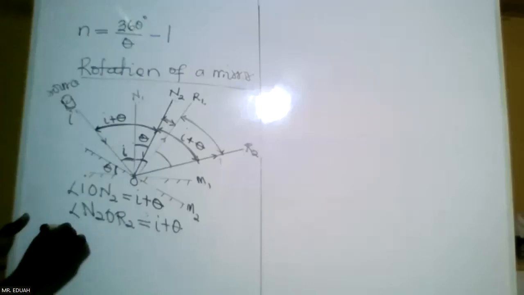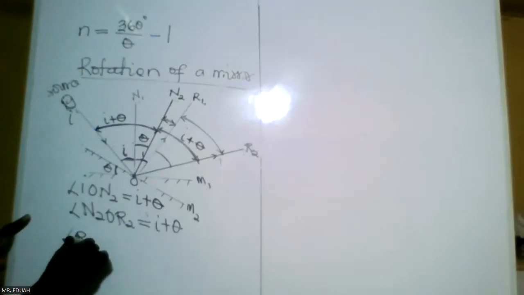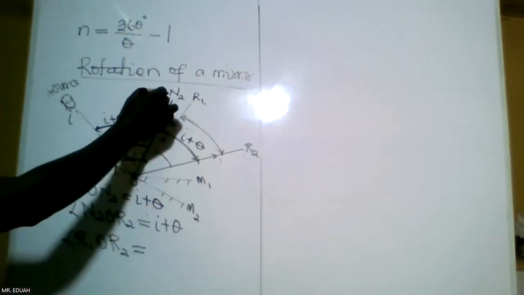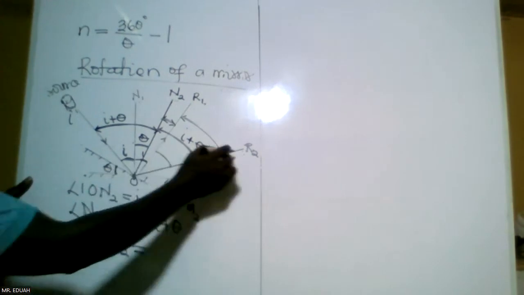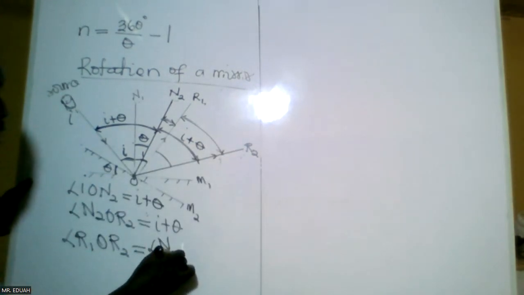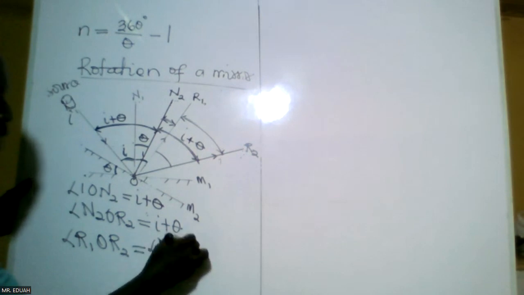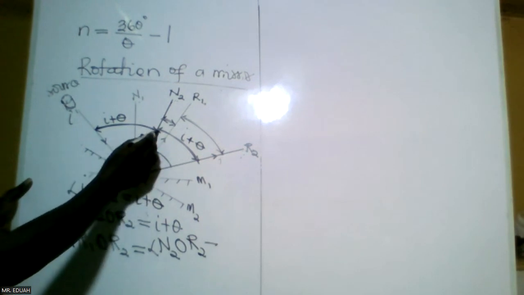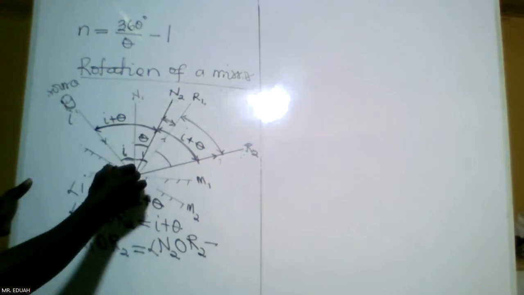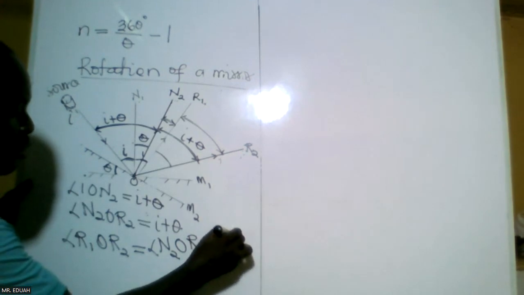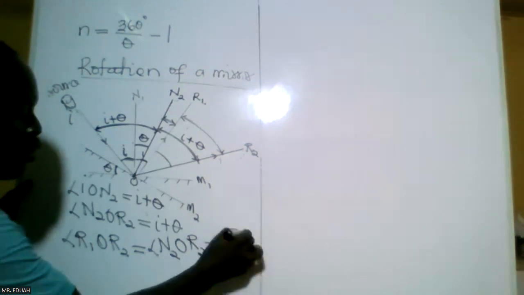So the angle R1OR2 is equal to the bigger angle N2OR2 minus the small one, angle N2OR1.